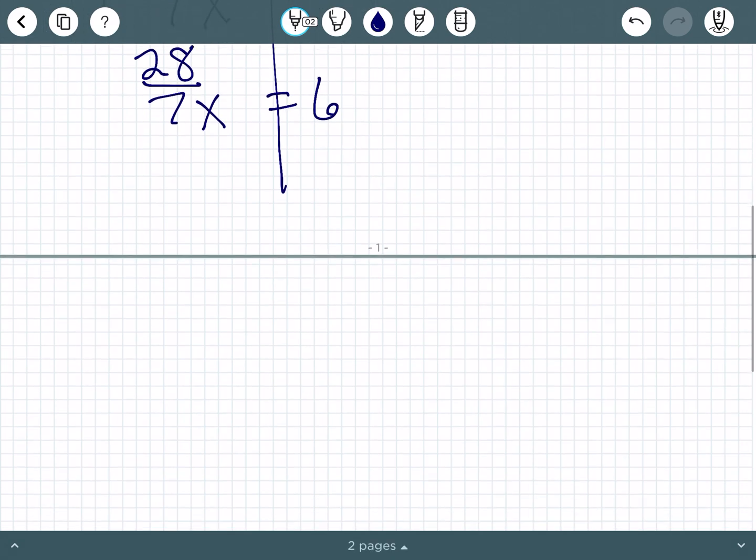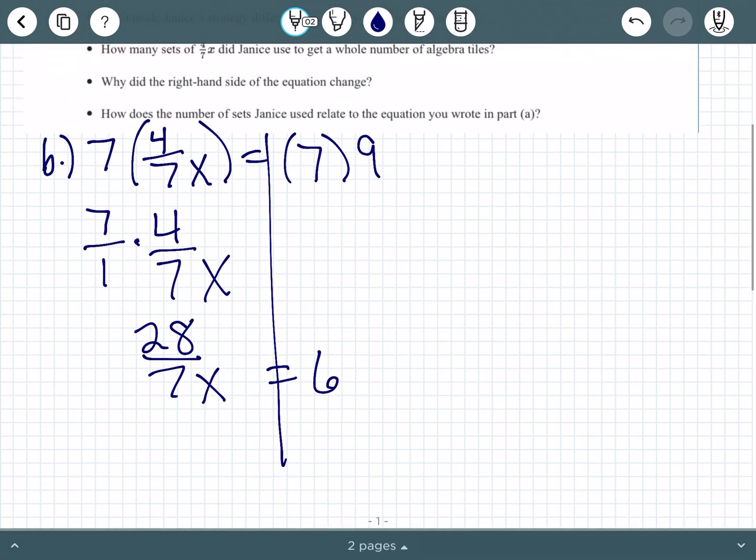There we go, 63. Now 28/7, if you remember, that fraction bar means the same as divide. So we can actually make that into wholes. So 28 divided by 7 would give us a nice even 4. So 4x equals 63.